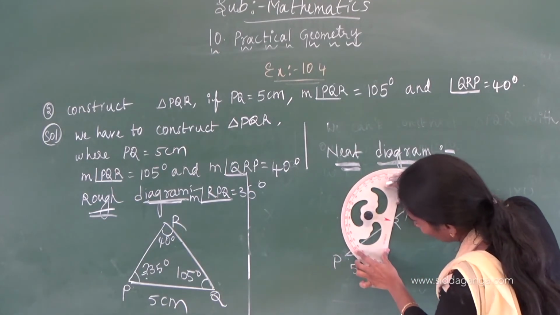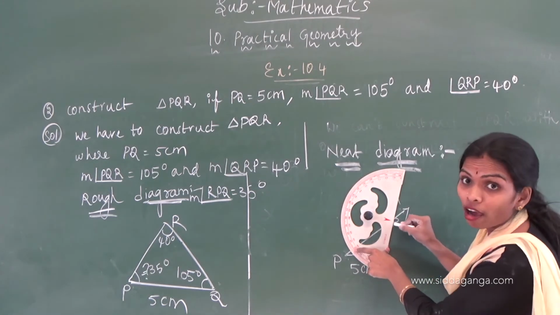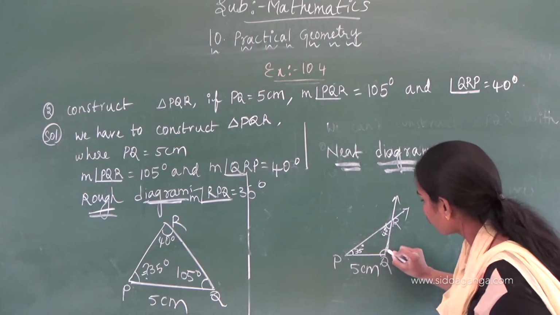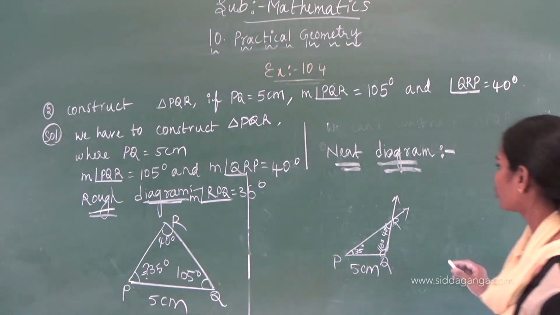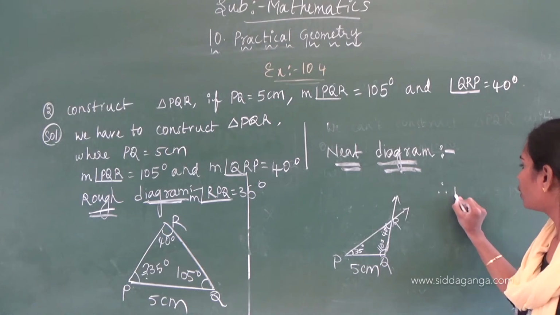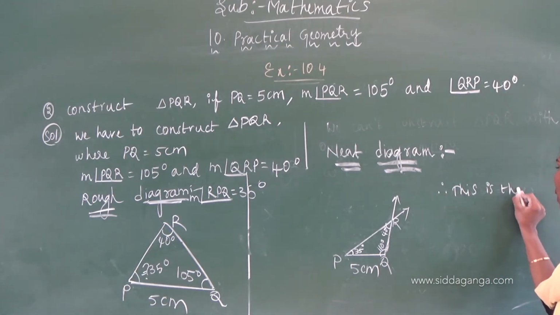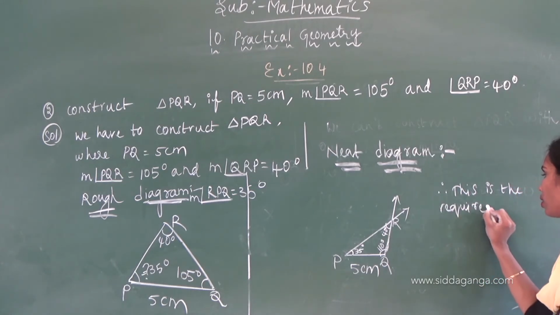See here, perfect angle, 40 degrees it is giving. The angle R is 40 degrees. Therefore, we constructed a correct triangle, which gives us satisfaction. Therefore, this is the required triangle PQR.